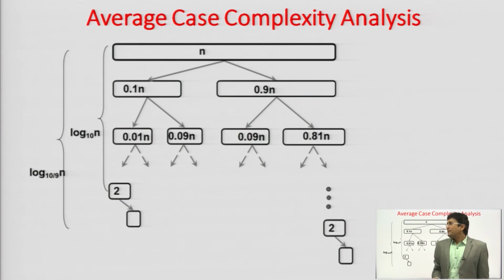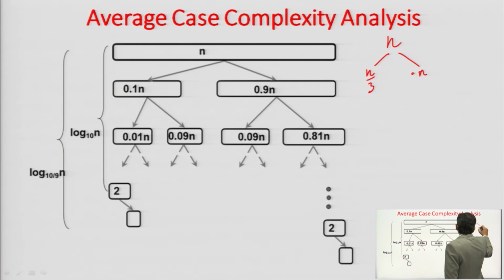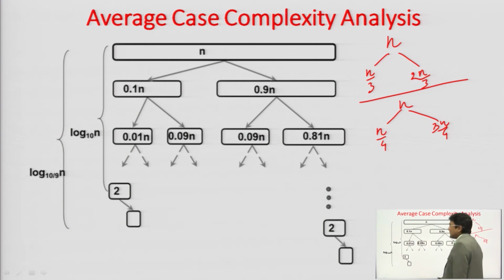Now, suppose our partition is taking place not in the mid, not on the extreme left, not on the extreme right. So, let us say we have an n size problem and this n size problem has got divided into two parts in which the left part contains n by 3 elements and the right hand side contains 2n by 3 elements. Another case would be that you find n by 4 elements on the left hand side and you get 3n by 4 size elements on the right hand side.